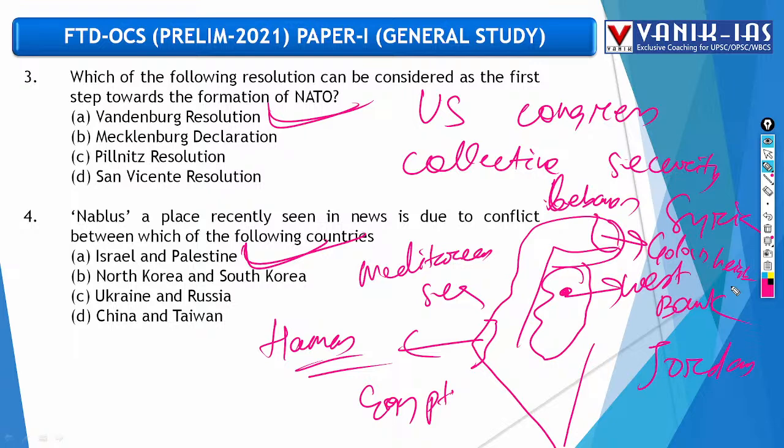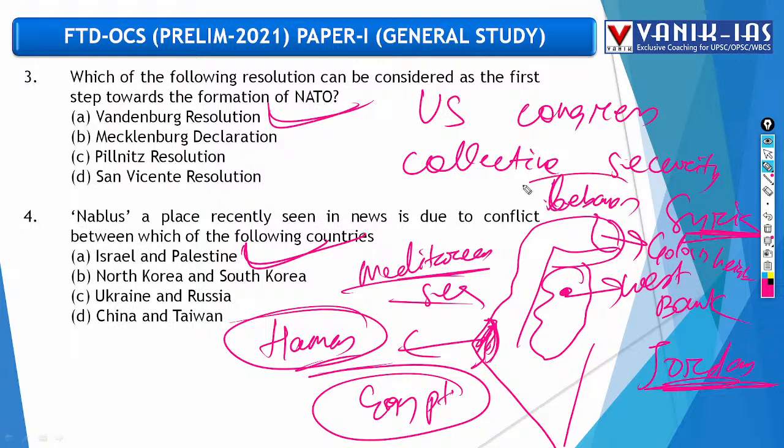Here is Jordan, Syria, the Mediterranean Sea, Egypt and Lebanon. So Nablus is Israel and Palestine.